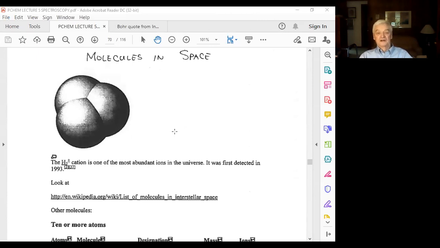You'll remember during our discussion of Hückel treatments, I showed you that we expected neutral H3 to be a more stable molecule when it was triangular as opposed to linear. That just came out from the regular Hückel type calculation. But in that diagram, I also showed you that H3+ would be even more stable because the third electron that you would have in neutral H3 would go into an antibonding orbital.